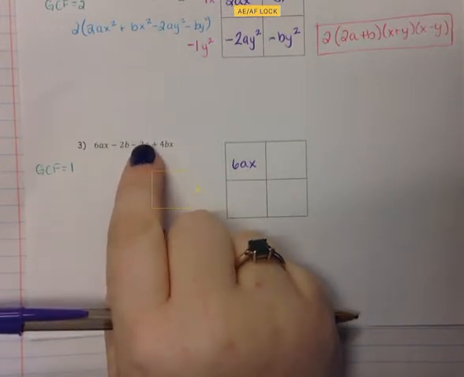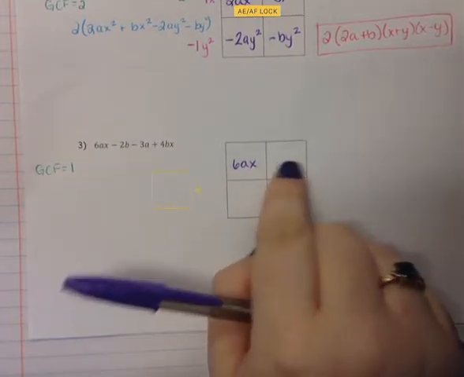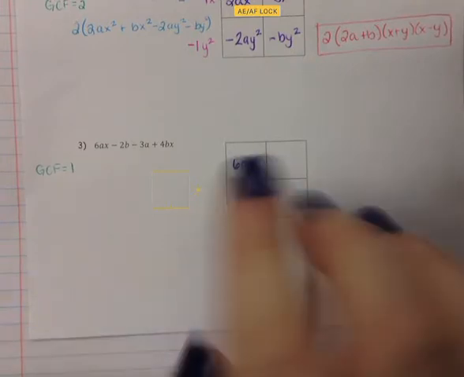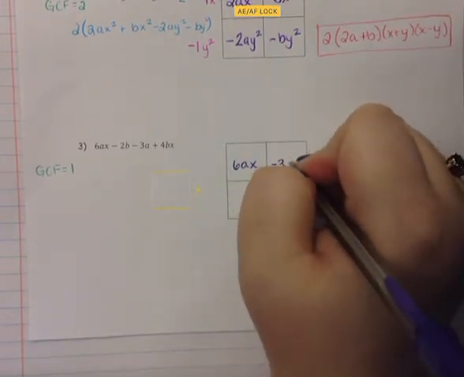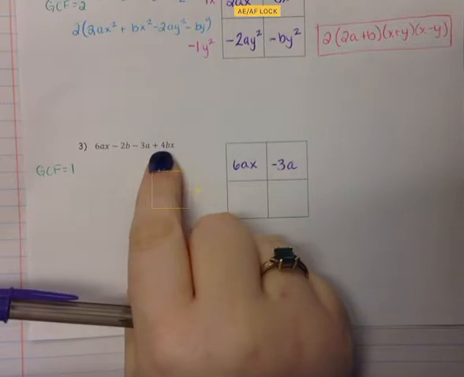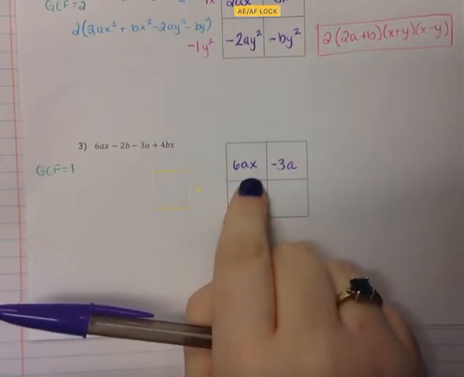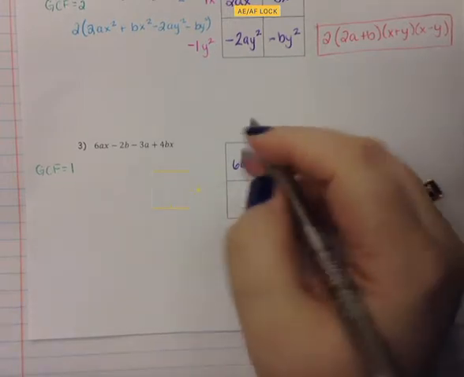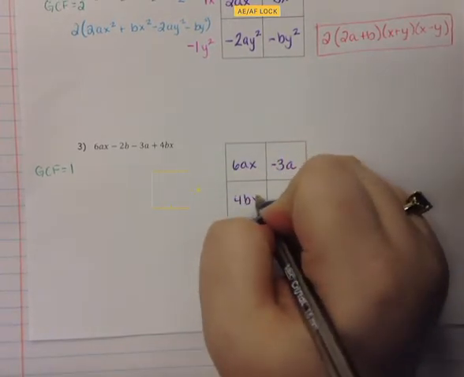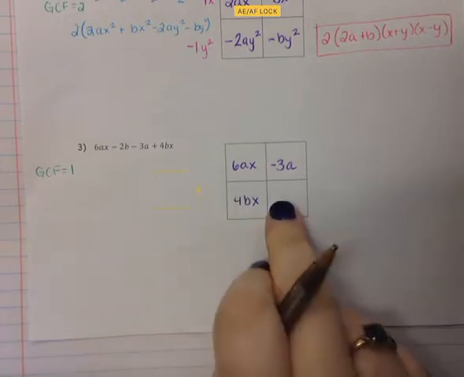I'm going to go to this one, negative 3a. That does share a letter, so I can put the negative 3a in here. Then my 4bx, if I put that one here, that has the letter x in it, so I can put that positive 4bx. So that negative 2b actually should go at the end.